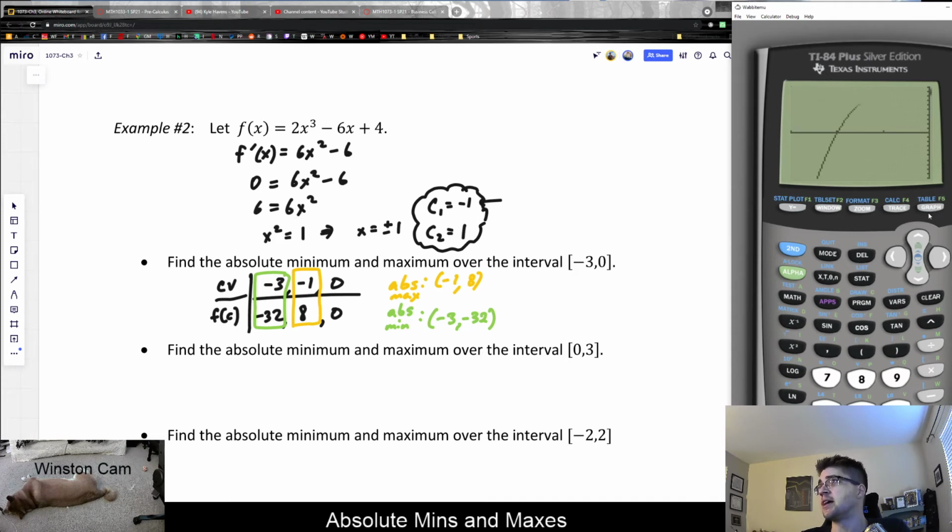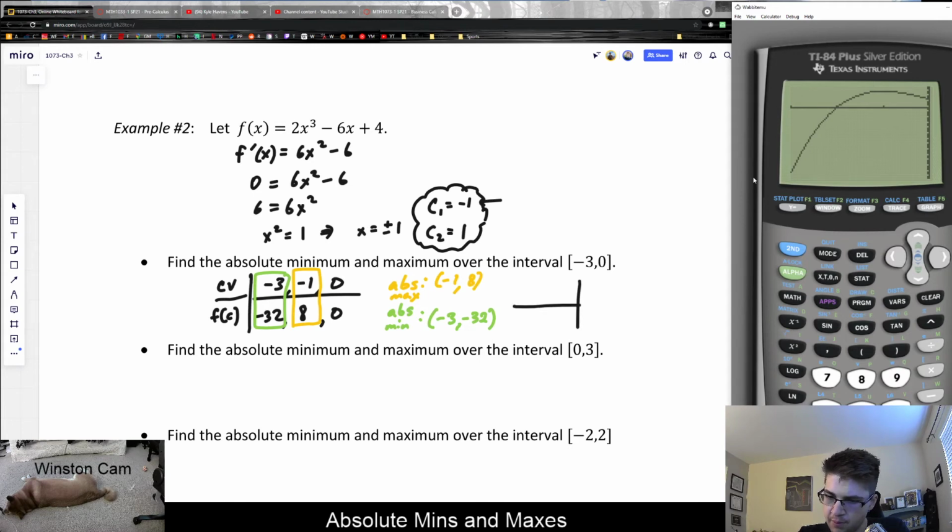If I adjust my interval, I can't quite see what's happening to the left, but I know the absolute minimum value is negative 32, so it would make sense to graph it from, let's say, negative 35 to 10 to encompass the full range of the function, from negative 32 all the way up to 8. What I can see here is that at negative 3, I have my minimum value. We could always create a sketch to imagine what's going on in the given interval.